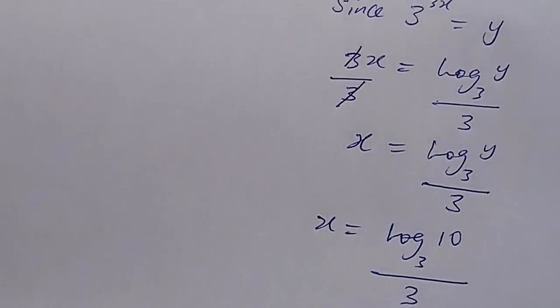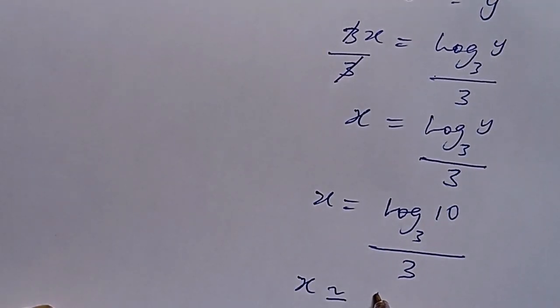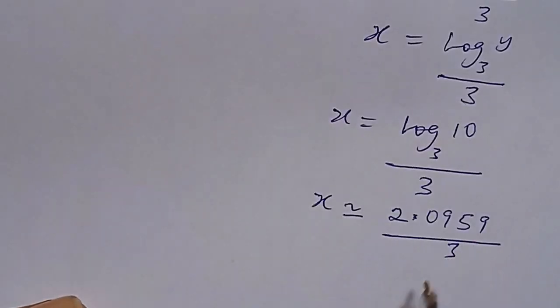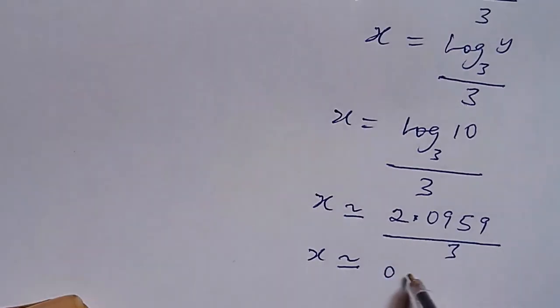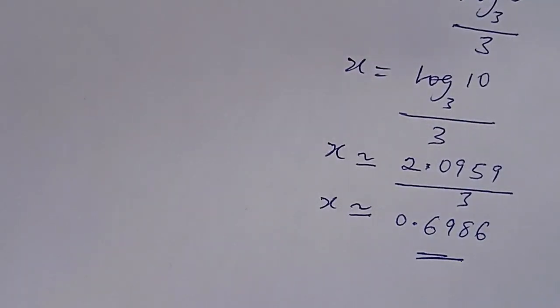Okay, so from here, if we resolve this using our calculator, the numerator, we are going to arrive at the approximate value of 2.0959 over 3. So if we divide this, we also arrive at x approximately 0.6986 as our value of x.